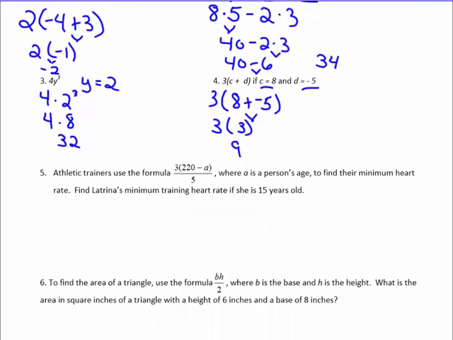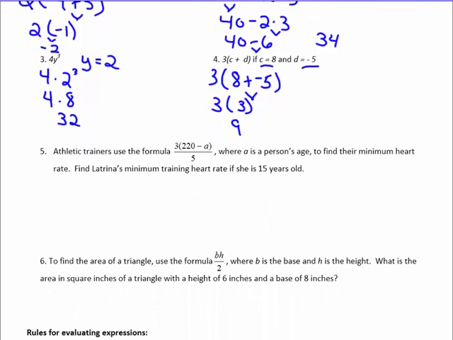Athletic trainers use the formula where A is the person's age to find their minimum heart rate. Find the trainer's minimum training heart rate if she is 15 years old. In other words, A equals 15. So I'm going to take that out: 3 times 220 minus 15, all divided by 5.